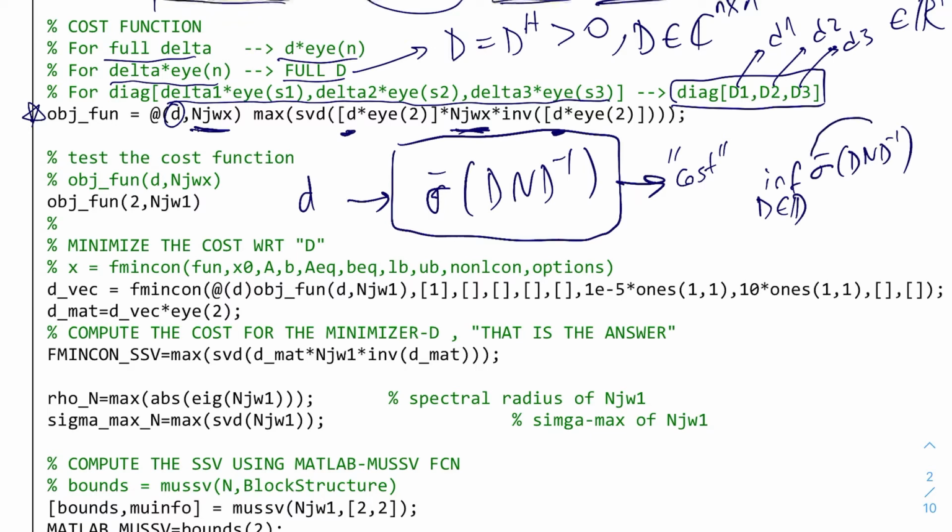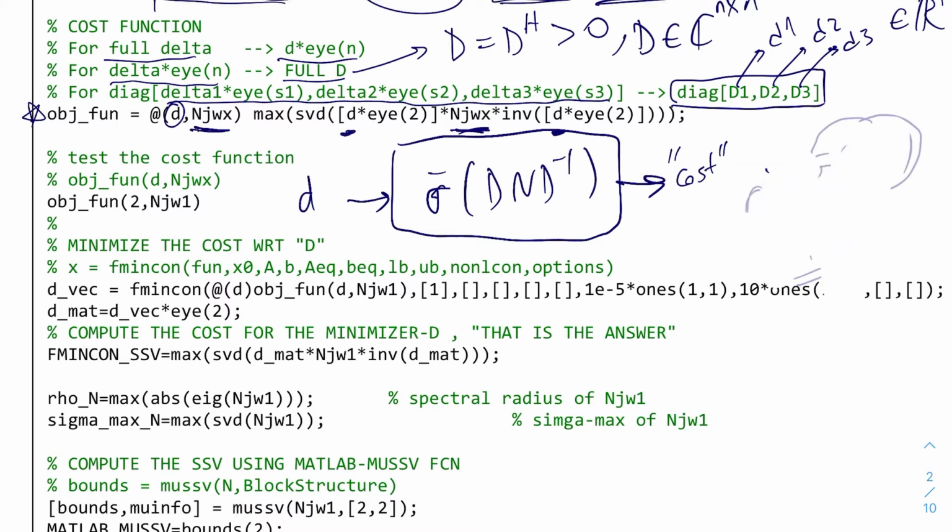Give me some D in that set, and the function will give you the cost, and FMINCON will try to minimize that using the D parameters.